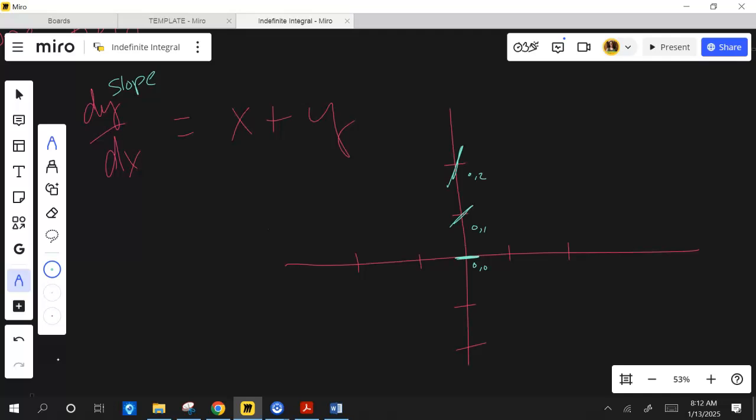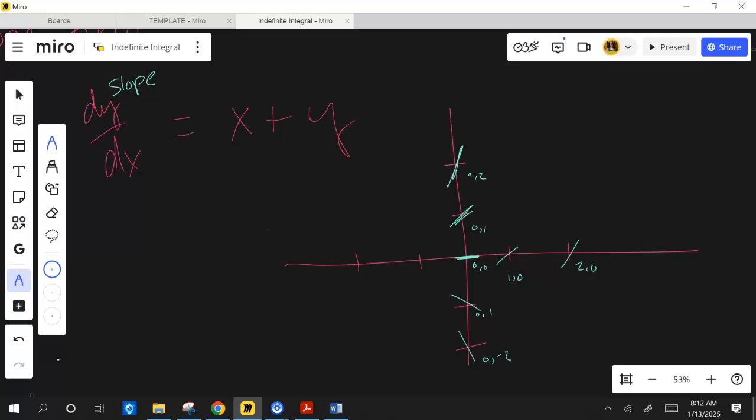How about 0, negative 1? Negative 1. So this same steepness, but negative. So maybe something like that. And then 0, negative 2, which is even steeper. And then as I move on, I can do this for every single point, right? 1, 0. 2, 0.